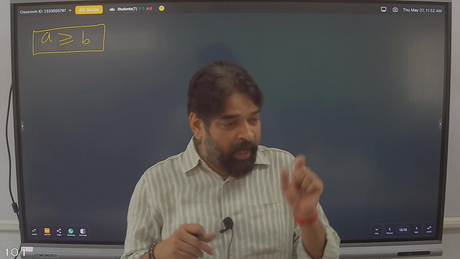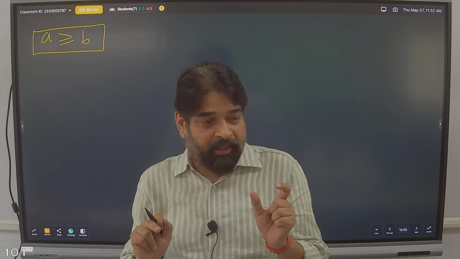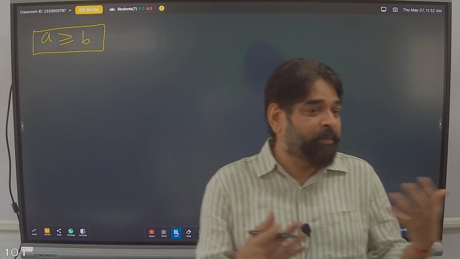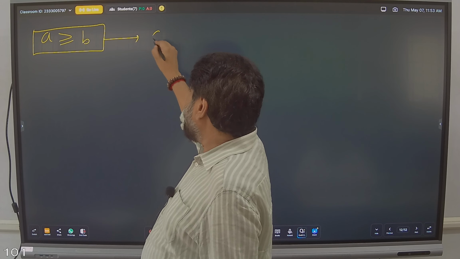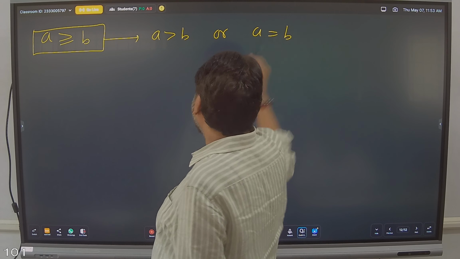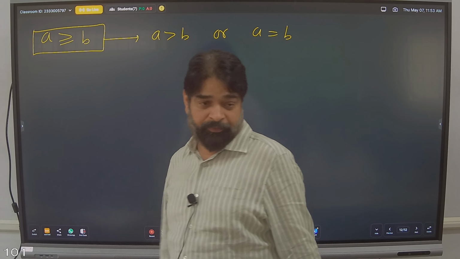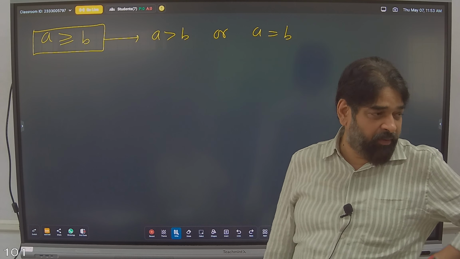Or means union, and means intersection, common value. Or means any one has to be true. So the meaning is that A is bigger than B or A is equal to B. Any one has to be true, because both cannot be true.